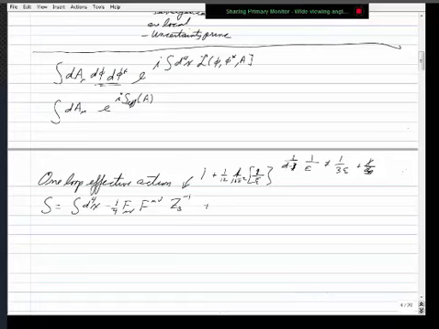This is the 1 plus 1/12 times 1 over 16 pi squared times 1 over epsilon bar piece.